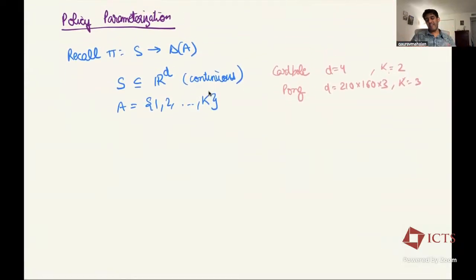Okay, and if you have this kind of setup where the state space is continuous and actions are discrete, there's a very simple policy parameterization that most people use. It is called the softmax policy.